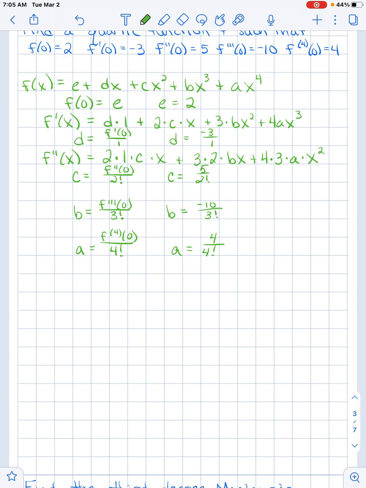So we can take all of this stuff now and put it together and write our function. F of x equals e, which was 2, plus negative 3 over 1 factorial times x, plus 5 over 2 factorial, x squared, and so on.